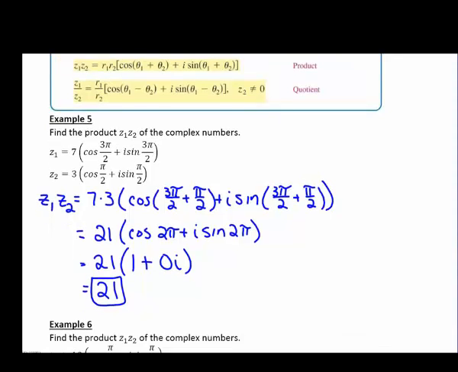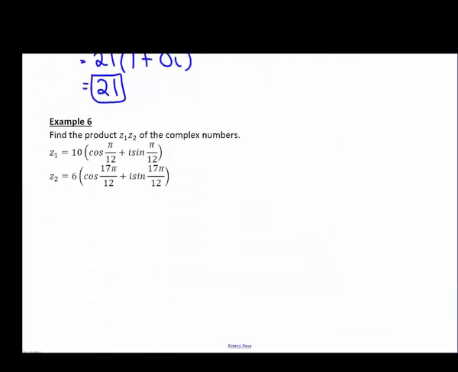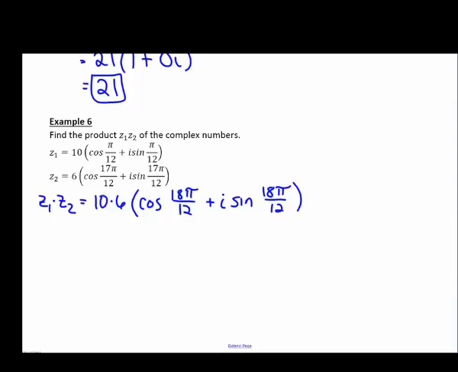All right, let's take a look at another product. So we have z sub 1 times z sub 2. So we're going to multiply 10 times 6. And then we have cosine of the sum of the two angles. So that's going to give us 18 pi over 12 plus i times the sum again. So that's 18 pi over 12.